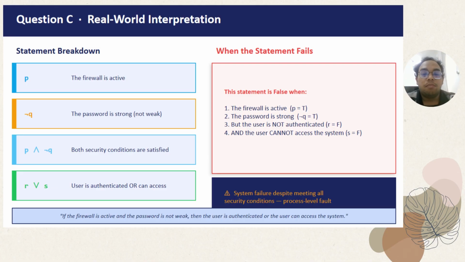However, the statement becomes false in one specific scenario. The firewall is active, the password is strong, but the user is still neither authenticated nor able to access the system. This indicates a system-level failure, not a security breach, but a process or configuration issue within the system itself, despite all security requirements being met.